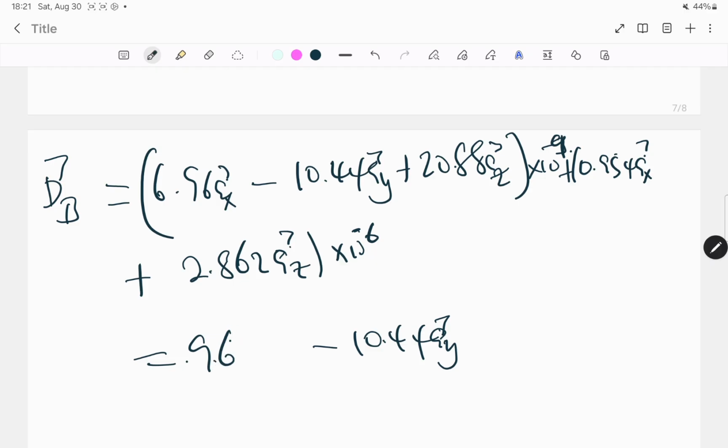9.6. This is now milli, will be what? 0.96 milli. 0.96, a micro rather, right? 0.96 micro.